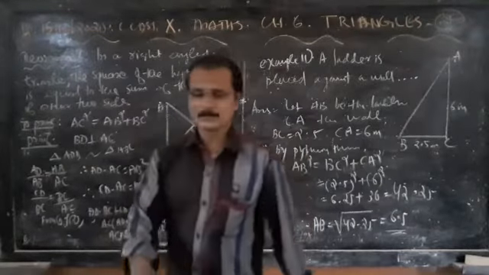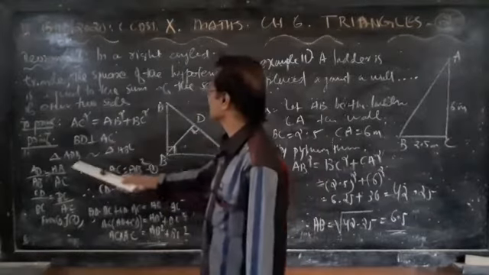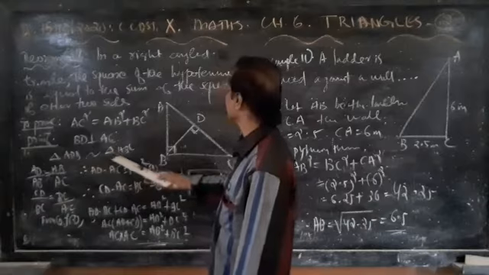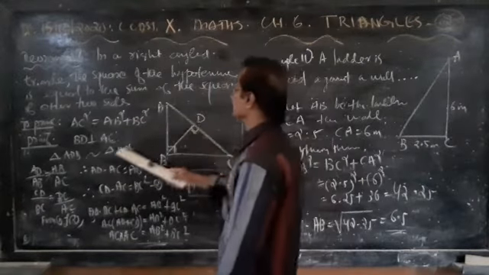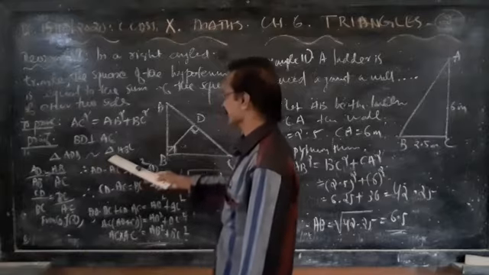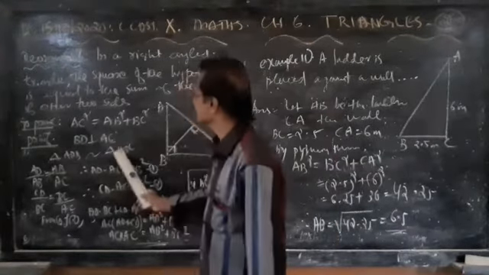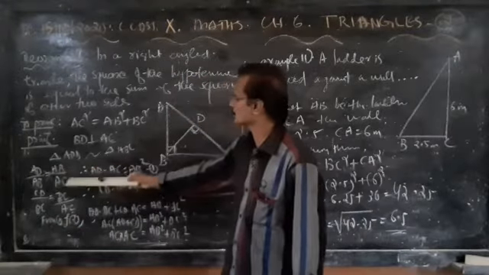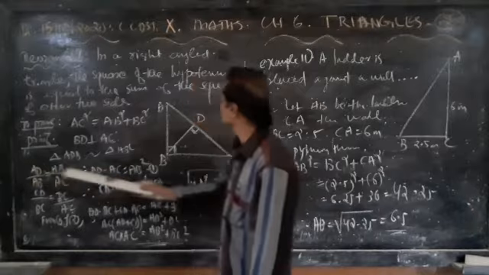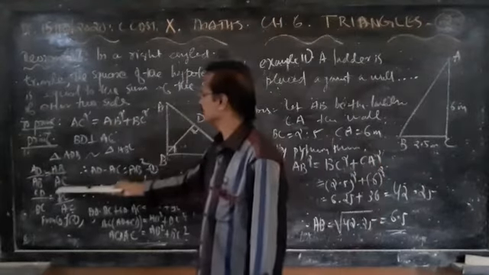So BD perpendicular to AC. Therefore triangle ADB is similar to triangle ABC. Then, if two triangles are similar, their corresponding sides are proportional. You can write AD by AB equal to AB by AC.